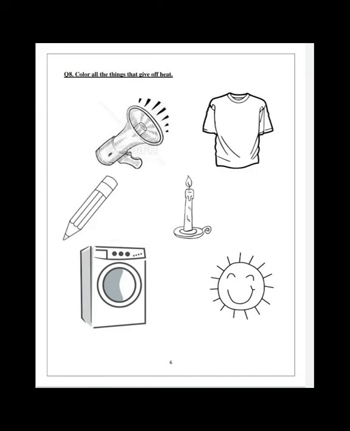So of course a dryer gives off heat. And the next picture is the sun. You all are very smart, I know. The sun also gives off heat. So a candle, a dryer, and the sun give off heat.